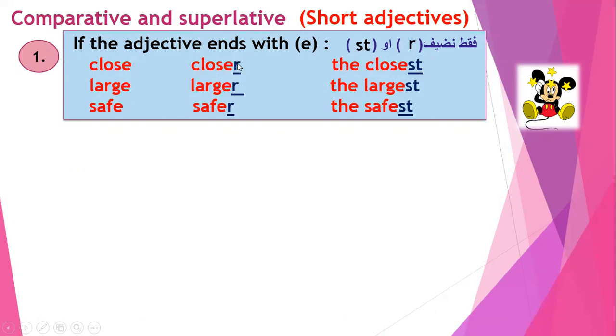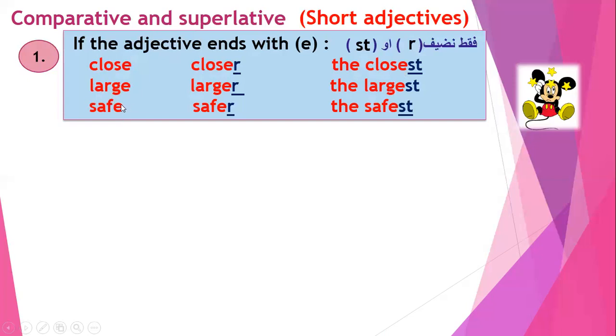We just add R in comparative, ST in superlative. يعني ما نضيف E لأن أصلا هي الصفة منتهية ب E. Large كبير, larger أكبر, just add R. The largest الأكبر. لا تضاف the قبل المقارنة. ننتبه the هي من علامات السوبرلاتيف. لا نضيف كلمة the مع المقارنة.